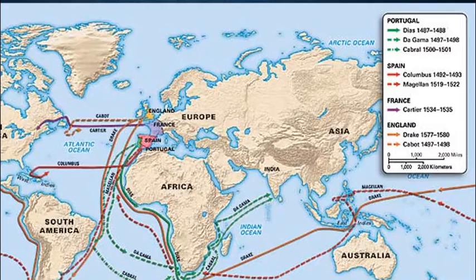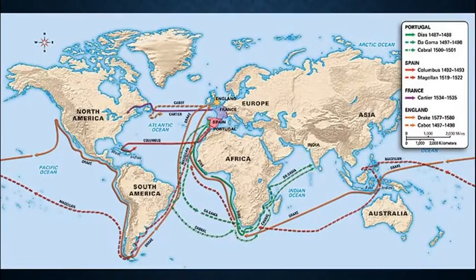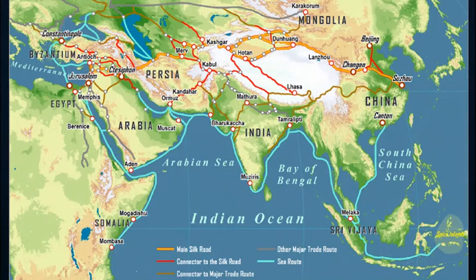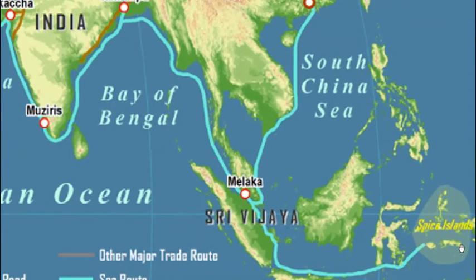On the first map, you see the trading routes of various Asian countries from one another. This is the Spice Islands.